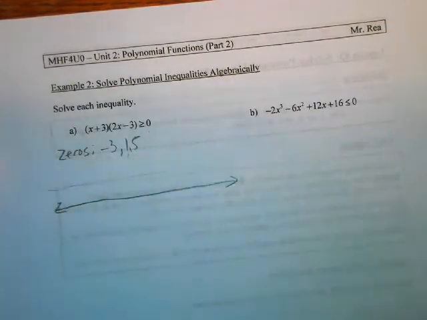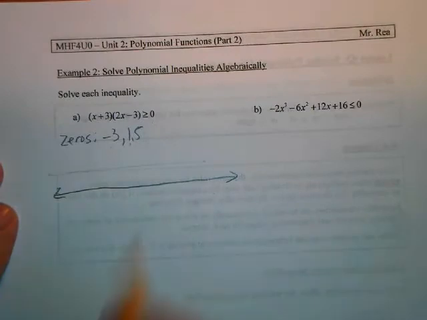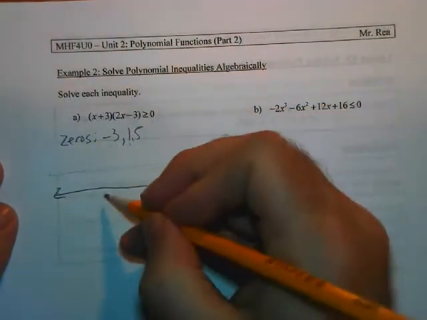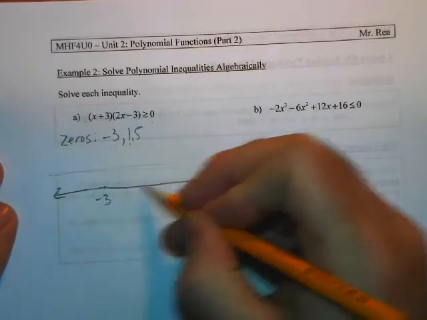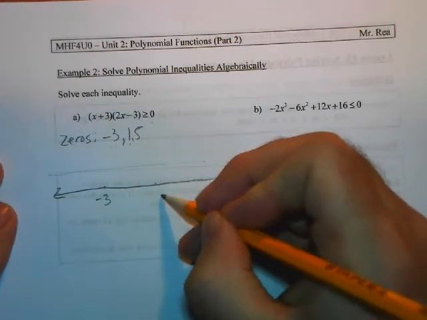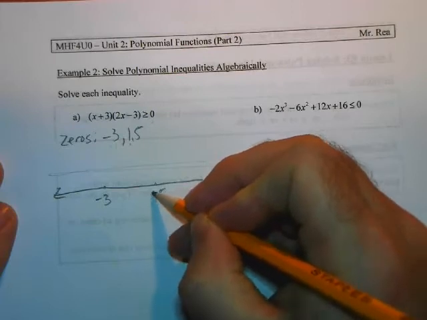Okay, so same number line. This time I've got two values that are important. So I have a negative 3 and I have a 1.5, and again the scale is no big deal.